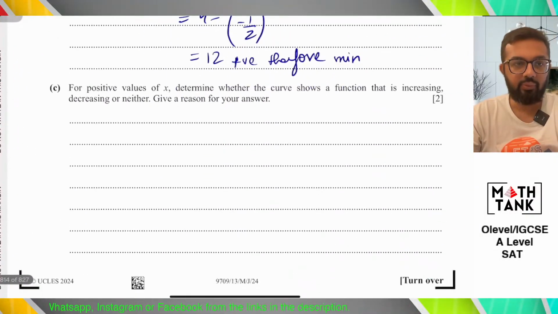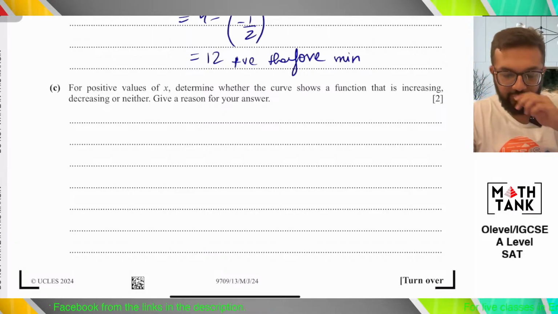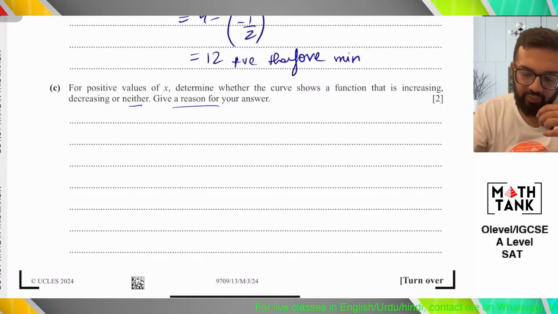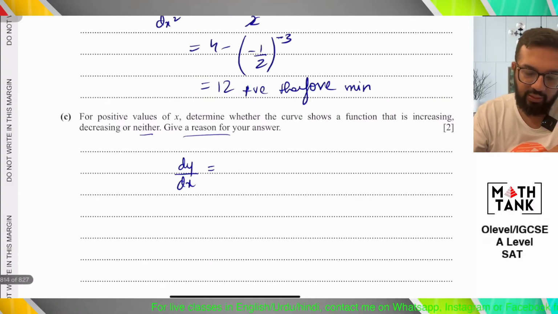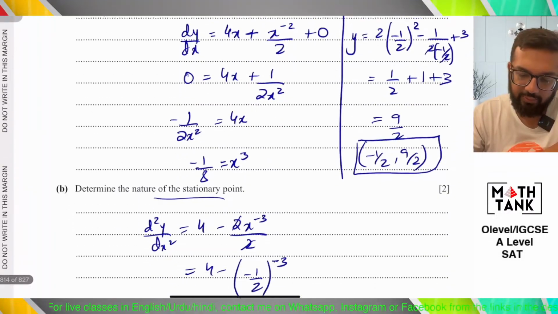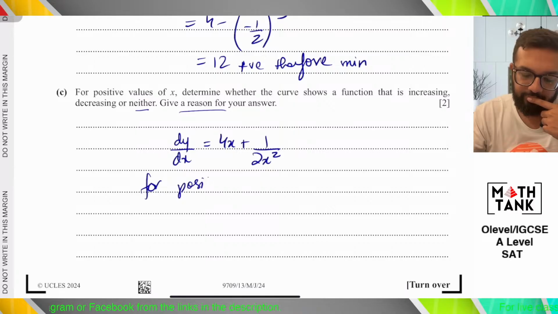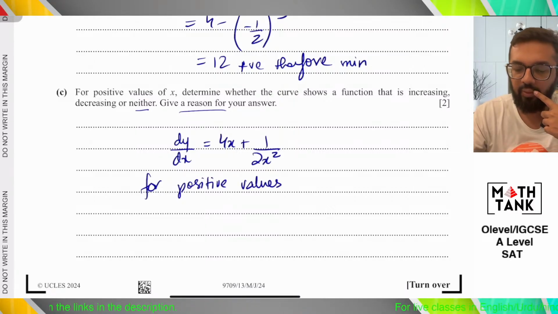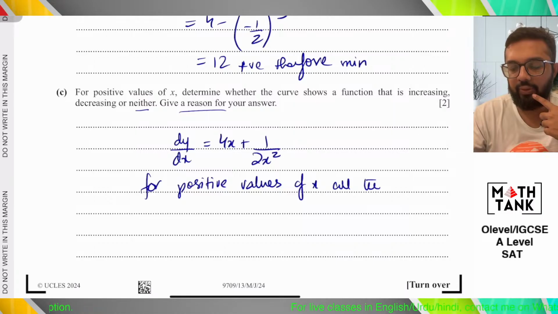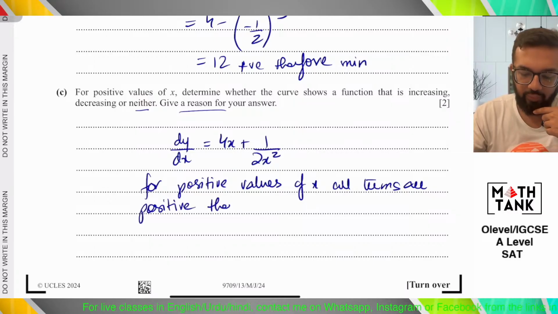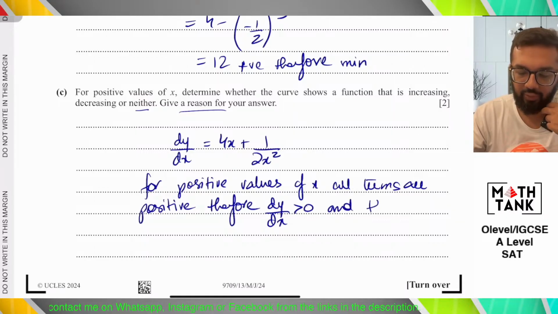Okay. Then the next one is for positive values of x, determine whether the curve shows a function that is increasing, decreasing, or neither. Give a reason for your answer. So dy by dx is 4x plus 1 over 2x squared. Now, for positive values of x, all terms are positive, therefore dy by dx is greater than 0 and the function is increasing.